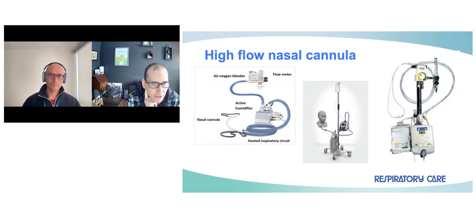Yeah, I think we're headed in that direction as more evidence comes out that even stable patients with COPD could benefit from nocturnal high flow or use of high flow at home. The systems aren't really portable for them now, so it would have to be an at-home thing. And it would make it easier for them if they could receive their nebulizer medicines through the high flow.